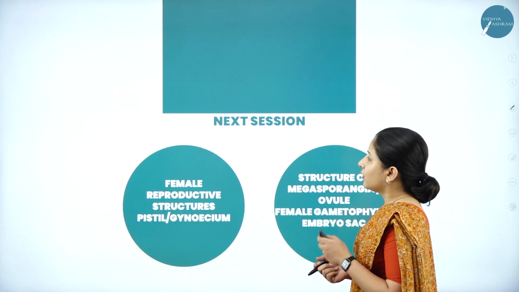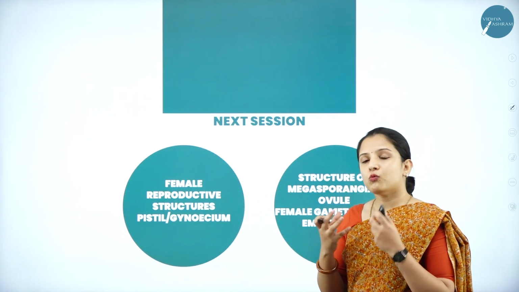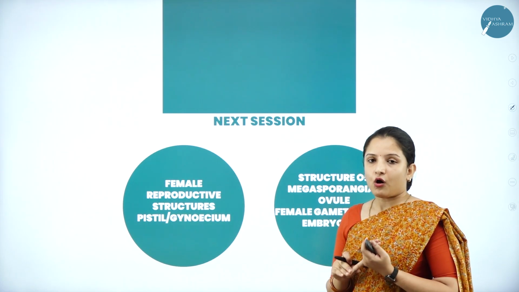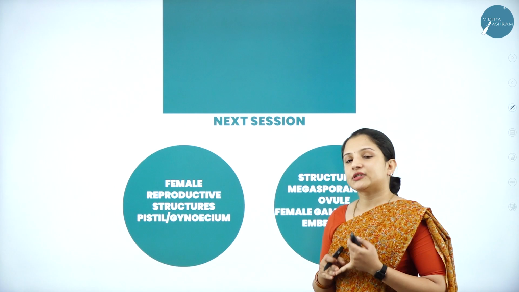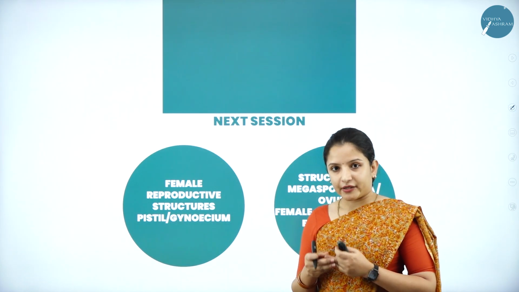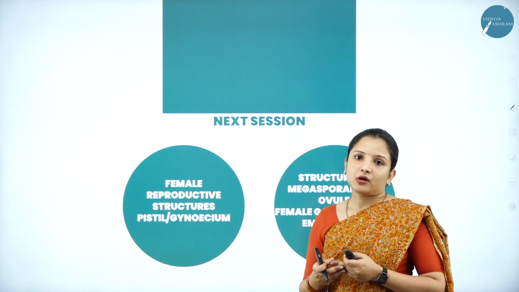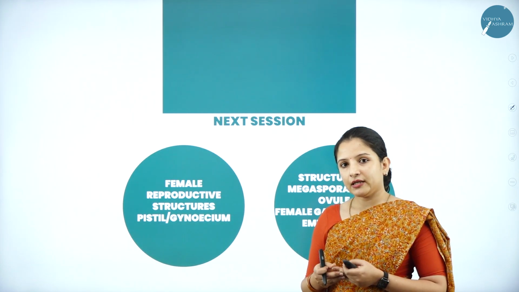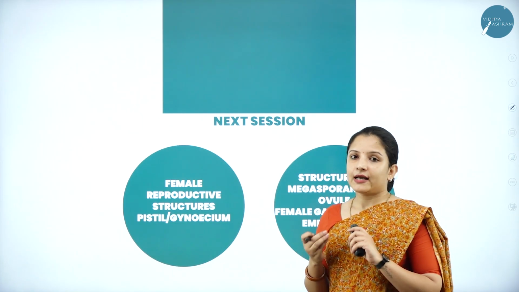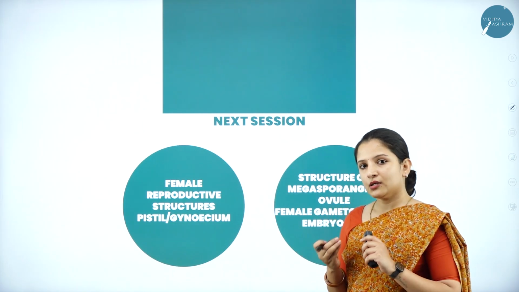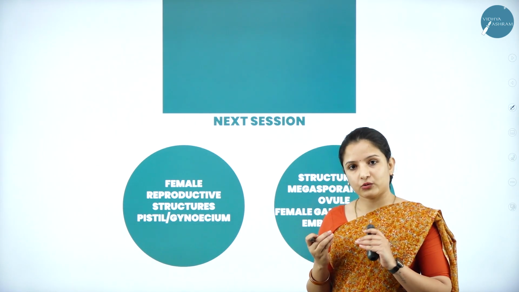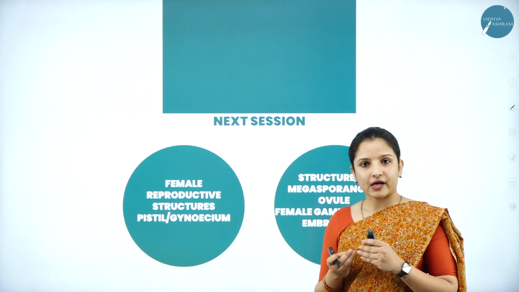Here, hope you have understood the different structures of the male reproductive organ of a plant. You studied about the stamen, the microsporangium, and the structure of the pollen grain, and you also came to know the advantages as well as the disadvantages of the pollen grain. I hope the session went well and you understood whatever I told you.